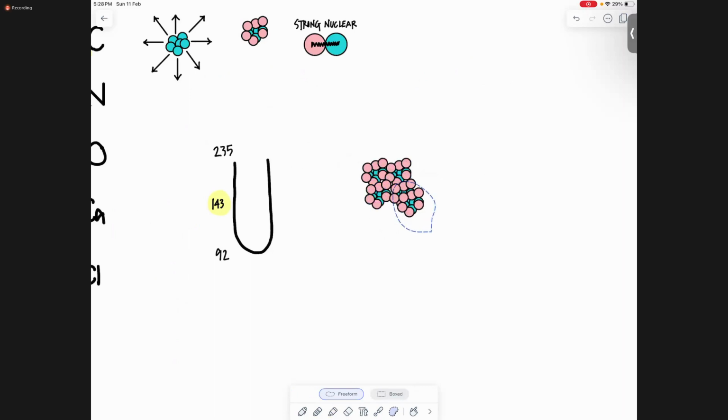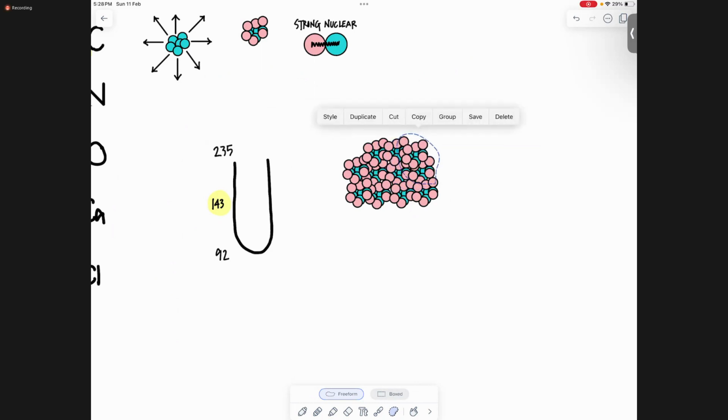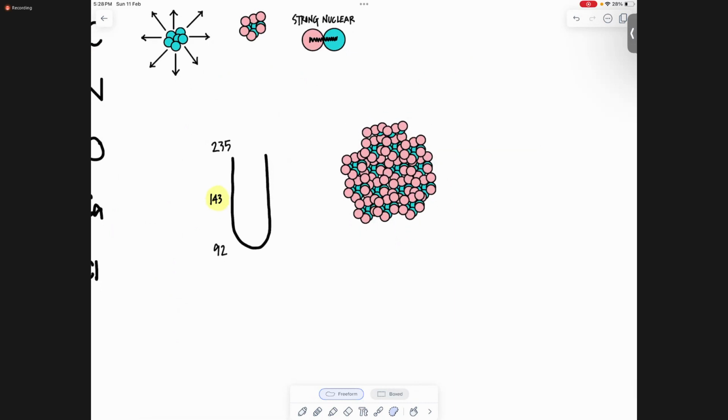So the strong nuclear force has a catch. It only works with adjacent particles, the next particle. It doesn't work when it's further away, far away, and out of reach of a proton. So what happens is, I'm just drawing this, it's stable because for every proton I've drawn a neutron, right? But what if I keep adding neutrons here, like how it's in uranium?